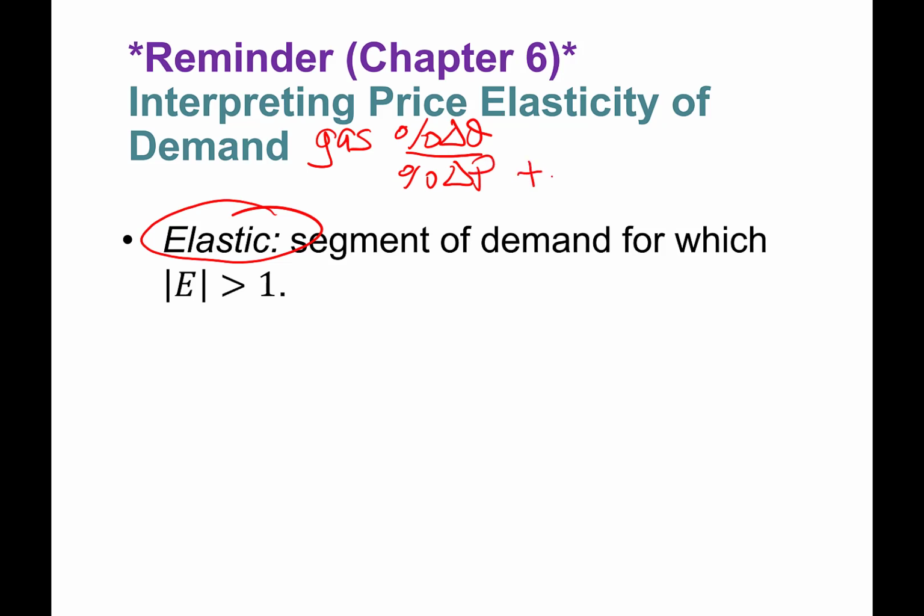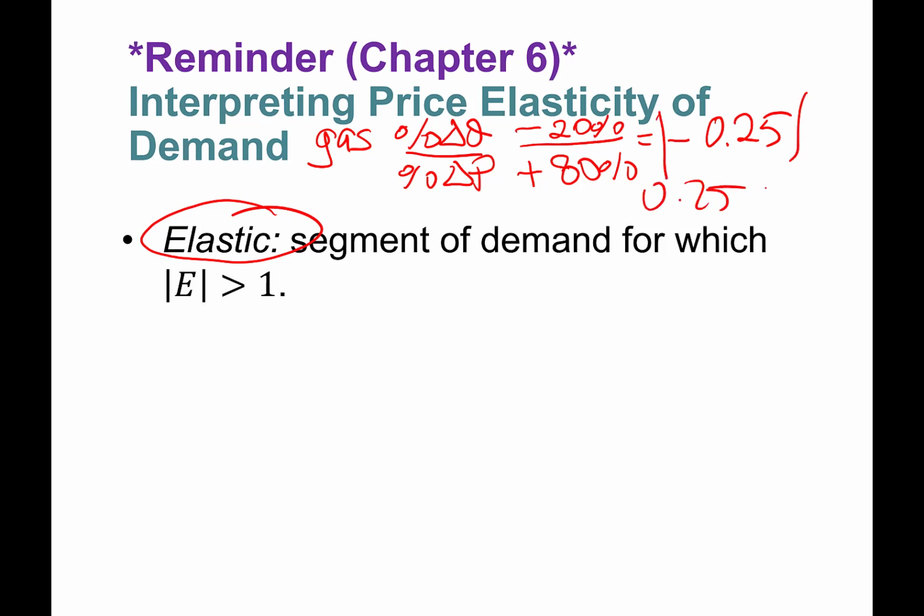Let's say price of gasoline goes up by 80%, plus 80%. I can only drop my consumption by negative 20%. So this is going to be 0.25 in absolute value. Just keep this number in mind. This is less than 1.